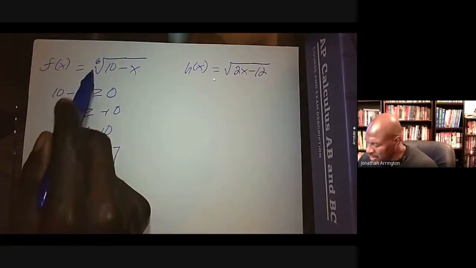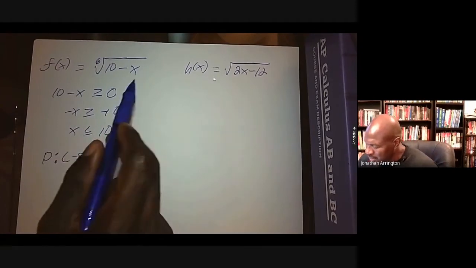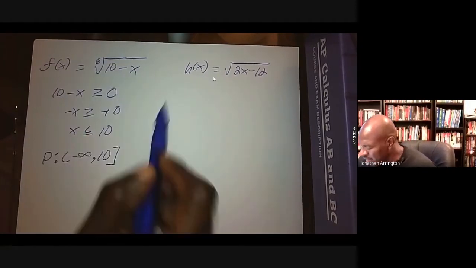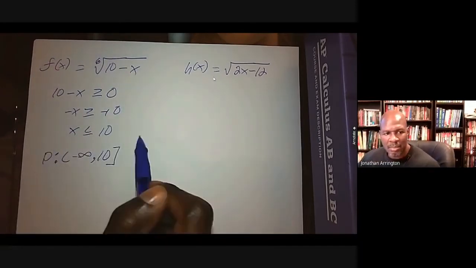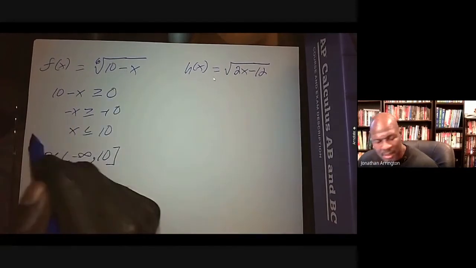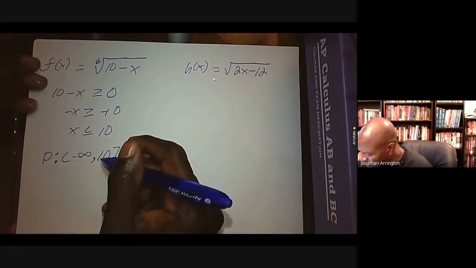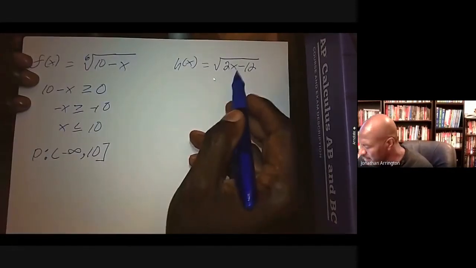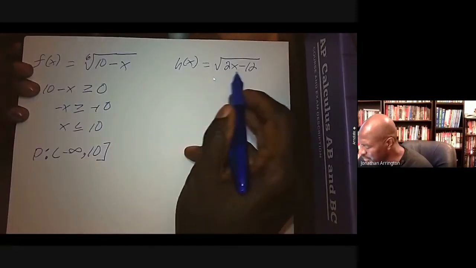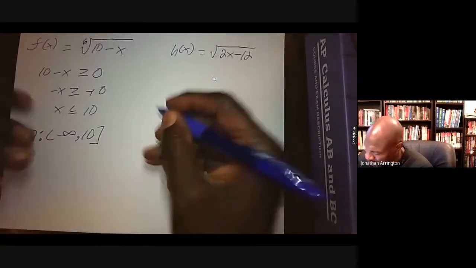So for all these even radical problems, when the coefficient of x is negative, it's always going to end up being a less than problem, always. And it's fairly easy to see that that number is going to be 10. Now, if the coefficient of x is positive, then it's always going to be a greater than problem. And I think it's fairly easy to see that that number is going to be 6. But I can work it out if you want.